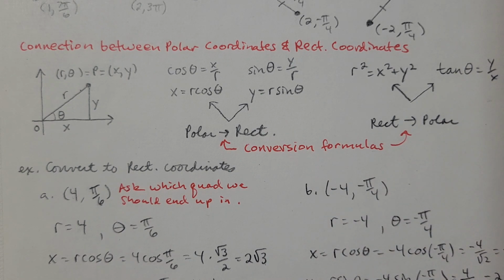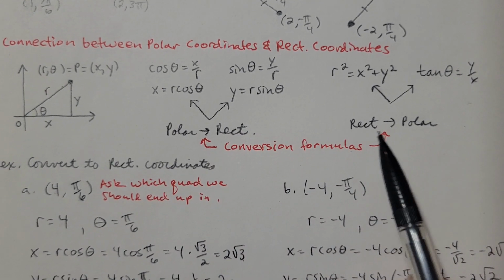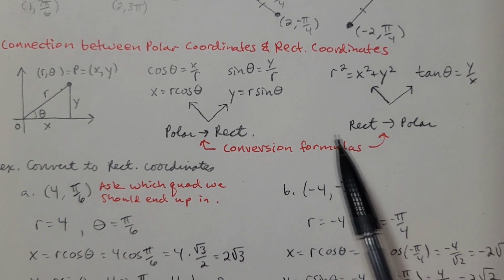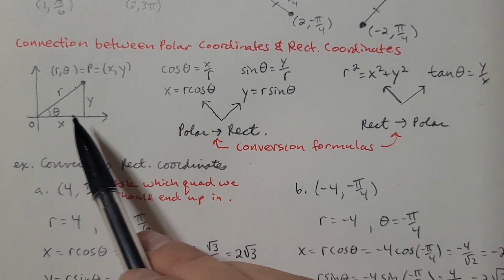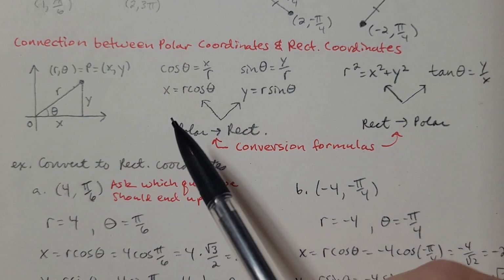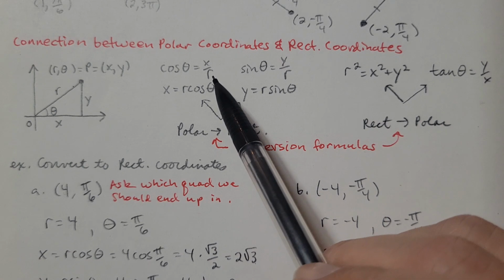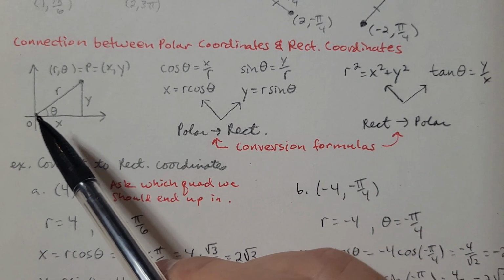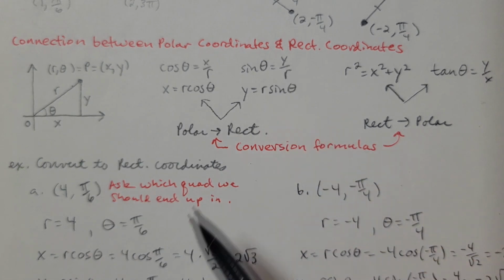Well, now we're going to have to know our conversion formulas: how to go from polar form to rectangular form, and then rectangular form to polar form. In this right triangle that I've made, cosine theta is adjacent over hypotenuse, that's x over r. Sine theta is opposite over hypotenuse, that's y over r.